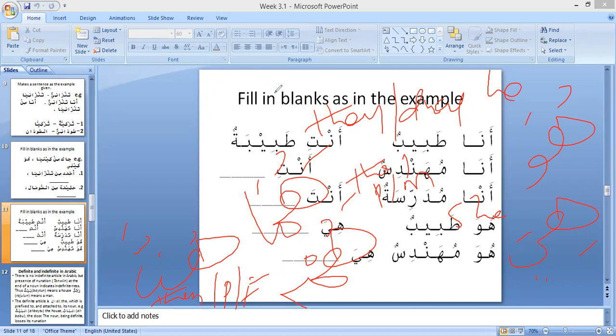So ana, nahnu, anta, anti, antuma, antum, antunna, huwa, hiya, huma, hum, hunna. Put it in that order, the way I listed. The first two are first person pronouns. The next five are second person pronouns. And the last five are third person pronouns. Are we together?